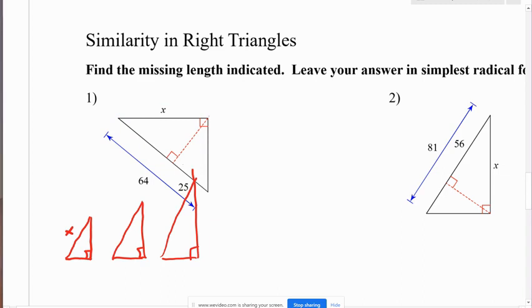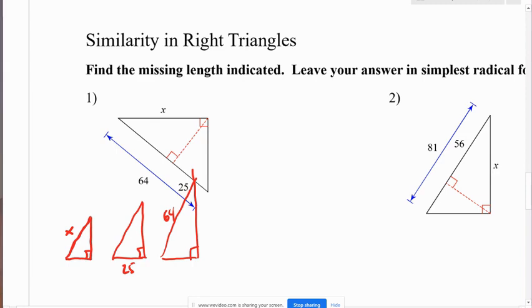Okay, the triangle down here, which may actually be smaller, doesn't matter which one is small or which one is large. What we want to recognize is that the short leg for this one is 25. And then for the biggest triangle, we have a hypotenuse of 64. And we said X is the hypotenuse of this smaller triangle.